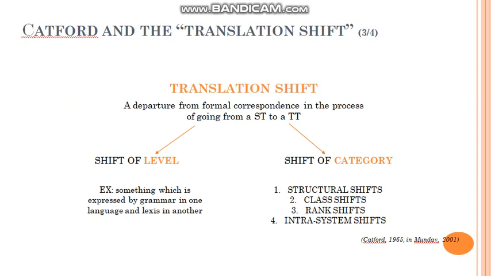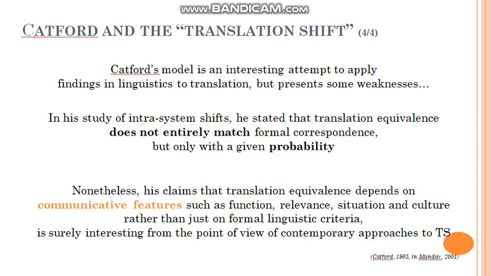A shift of level is, for example, something which is expressed by grammar in one language and lexis in another. And the shift of category is a structural shift, class shift, rank shift, and intra-system shift. It is also mentioned in Catford's book. The Catford model is an interesting attempt to apply findings of linguistics to translation, but presents some weaknesses also.